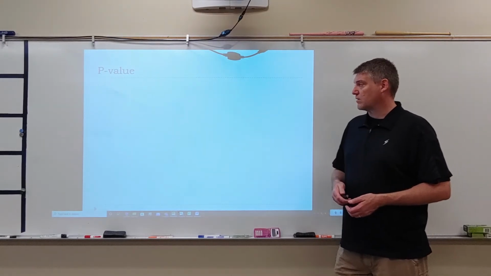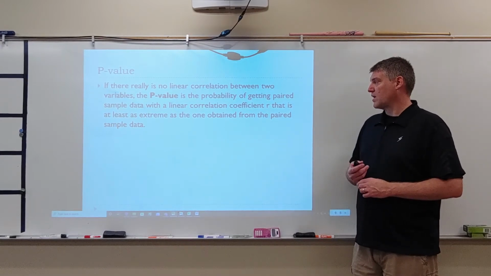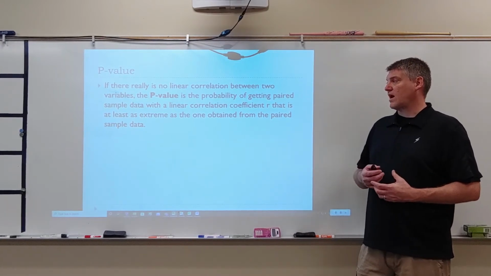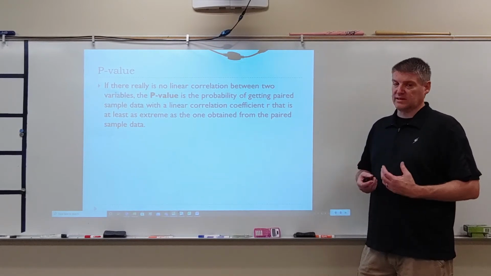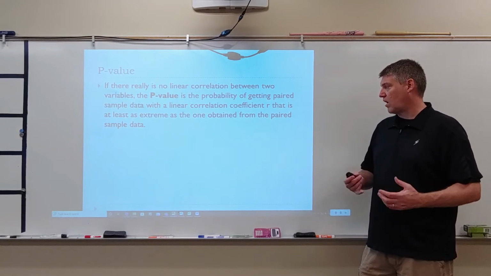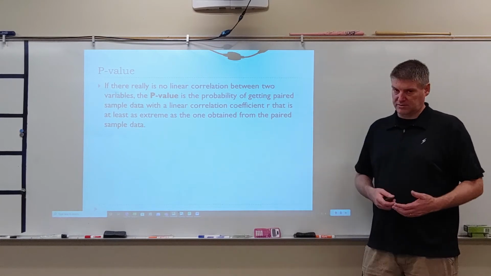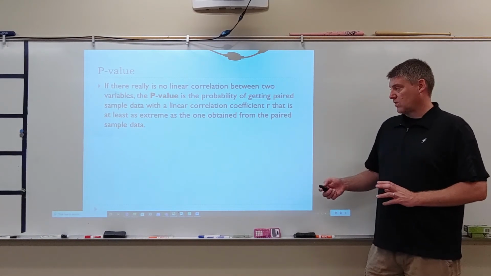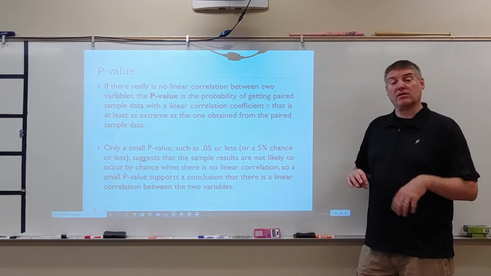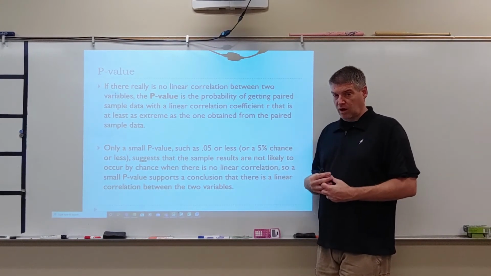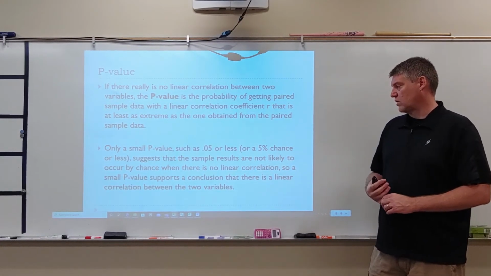Okay, p-value. If there really is no linear correlation between two variables, the p-value is the probability of getting paired sample data with a linear correlation coefficient r that is at least as extreme as the one obtained from the paired sample data. What we want is a p-value that is very, very small. If we have a p-value that is very small, the likelihood is that there is a linear correlation.